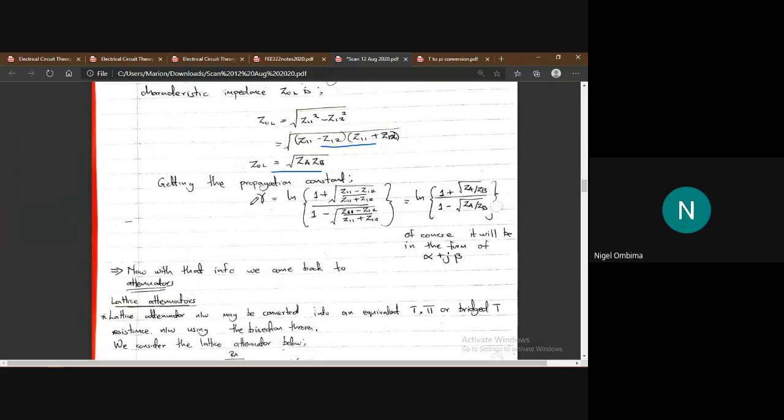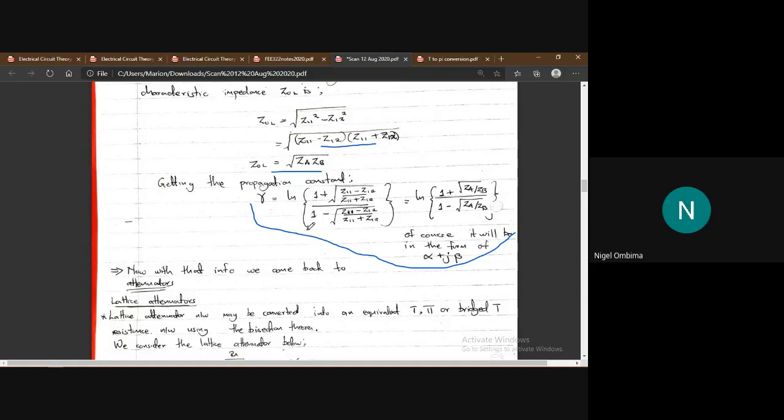From there, the propagation coefficient, this whole one, is the formula for the propagation constant or coefficient. It's from the book. Ln of 1 plus the square root of Z11 minus Z12 over Z11 plus Z12, over 1 minus the same. But if you noticed, I said before that to get attenuation in Nepers, you take ln of n, you get n in Nepers.